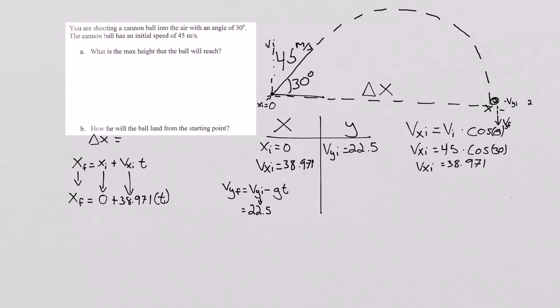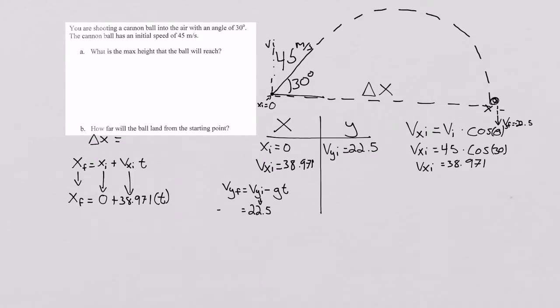Ours is 22.5, so the velocity y final is the negative of that, because instead of going up, we are now going down. So velocity y final is equal to negative 22.5, and don't forget that negative because we're in the negative direction. Alright, so now that we have that, we can bring that on over to our problem, which is right here.